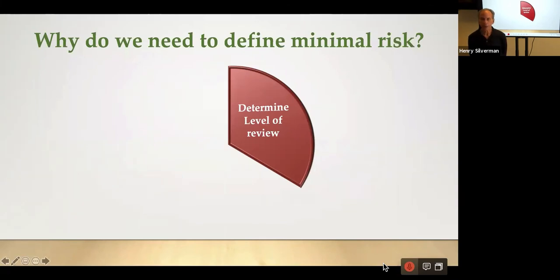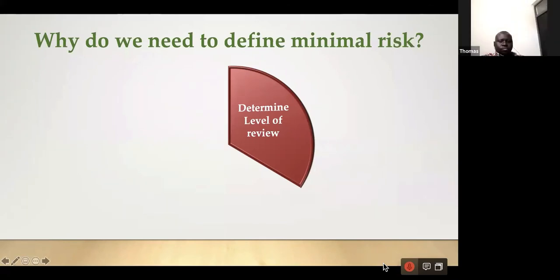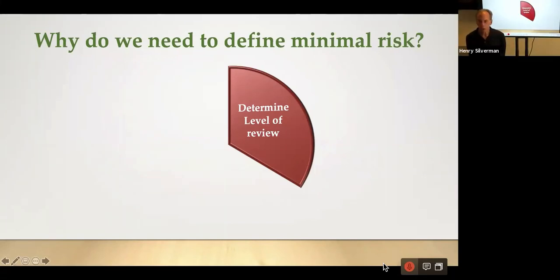Without getting into too many details now, in order to determine whether a protocol meets exempt review or expedite review, one of the criteria is that the protocol needs to be minimal risk. And I think that makes sense.